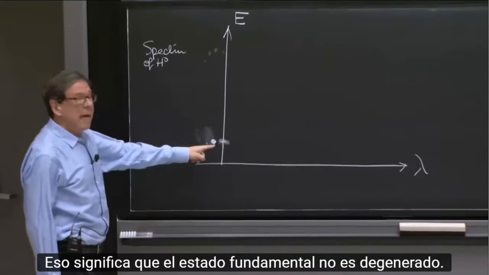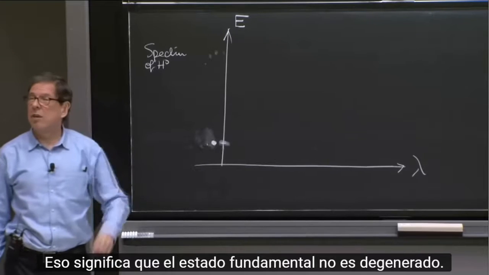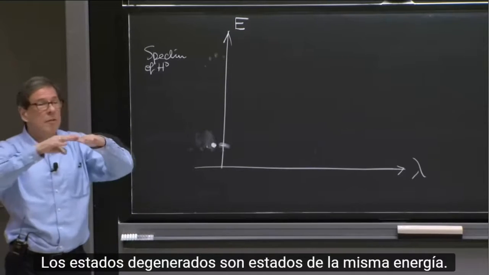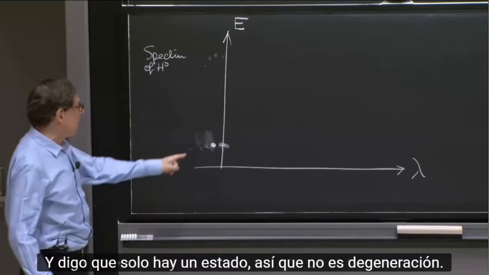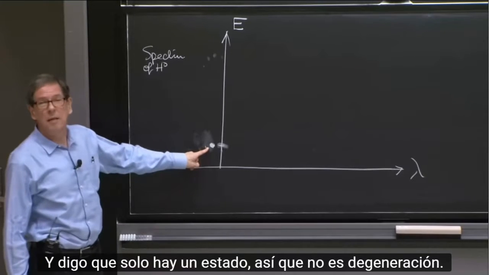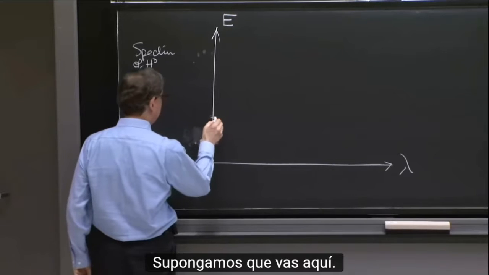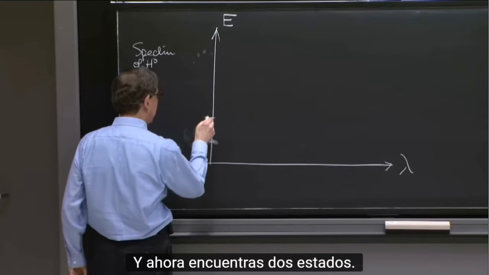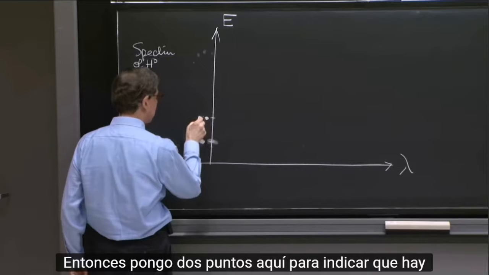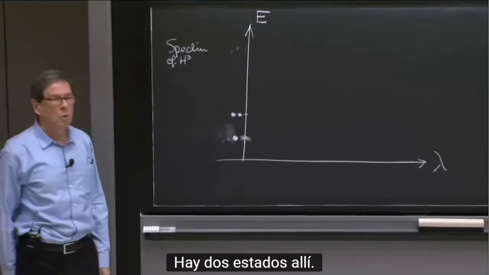That means the ground state is non-degenerate. Degenerate states are states of the same energy, and I say there's just one state, so no degeneracy. Suppose you go here, and now you find two states. So I put two dots here to indicate that there are two states there.